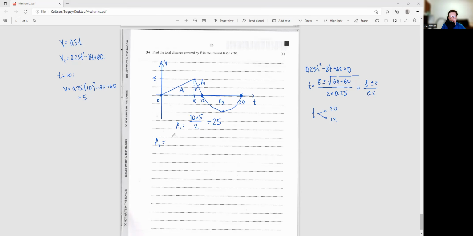So A2 is going to be the integral from 10 to 12 of 0.25t squared minus 8t plus 60 dt. That is 0.25t cubed over 3 minus 8t squared over 2 plus 60t. And the limits are from 10 to 12.